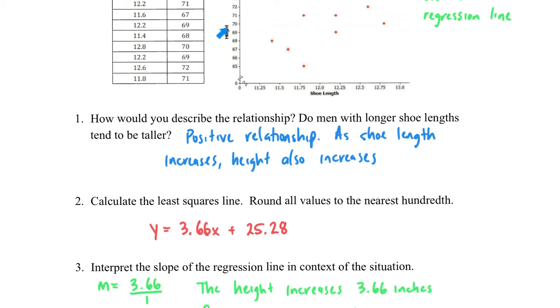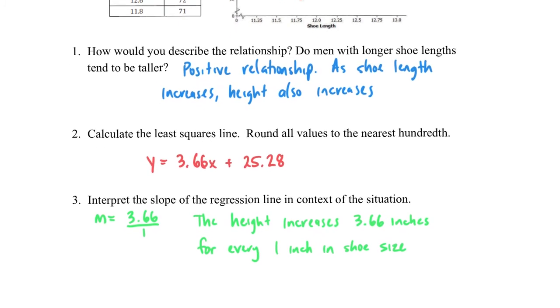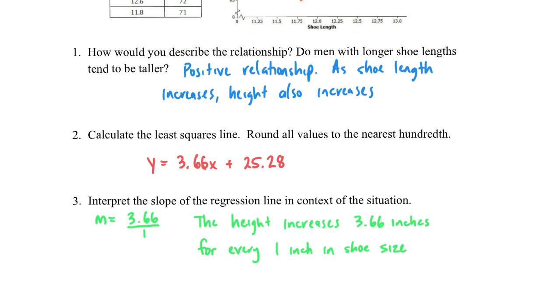The height increases 3.66 inches for every 1 inch in shoe length. That's how you answer those questions. It's kind of like a sentence framework, and you just have to fill in the blanks.